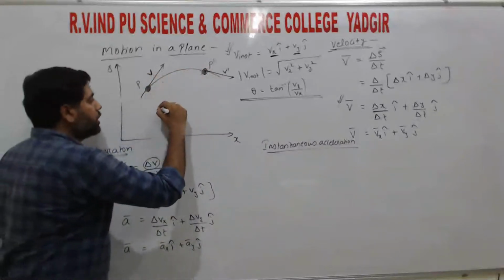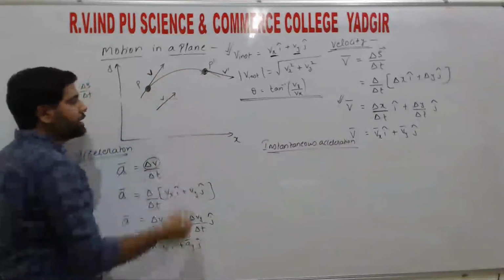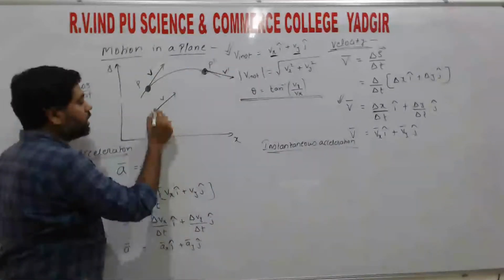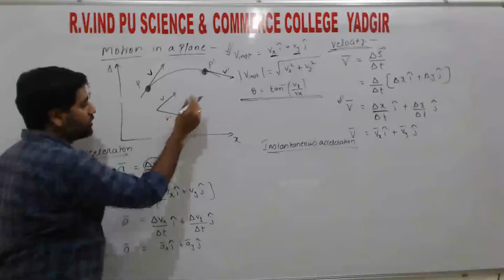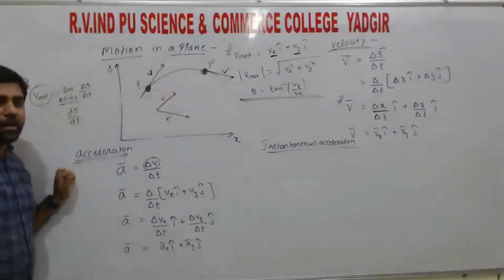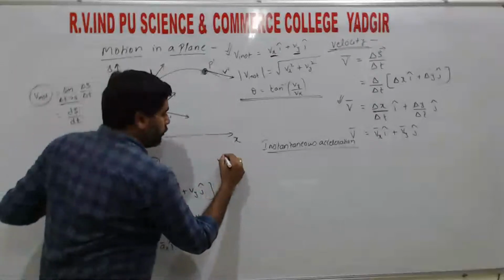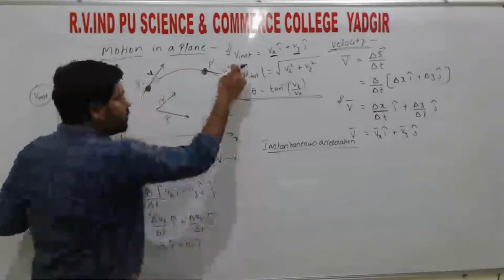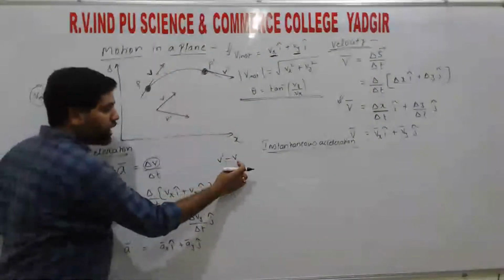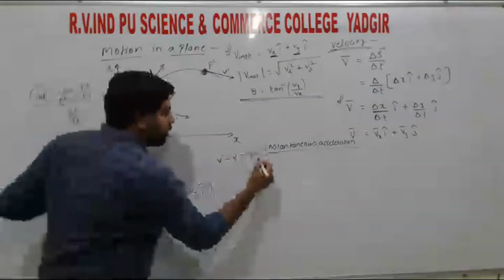So drawing vector V as is, right? So now joining, that is V dash here as is in the same parallel. These two are parallel and these two are parallel, right? So we need what? V dash minus V, final velocity minus initial velocity. So V dash, V, so we get what?